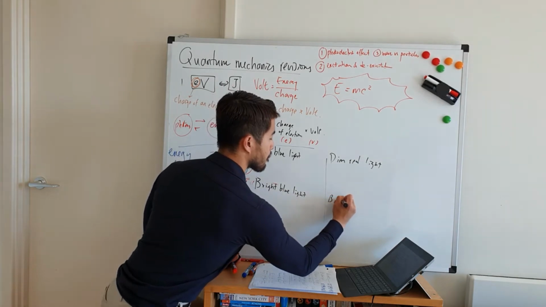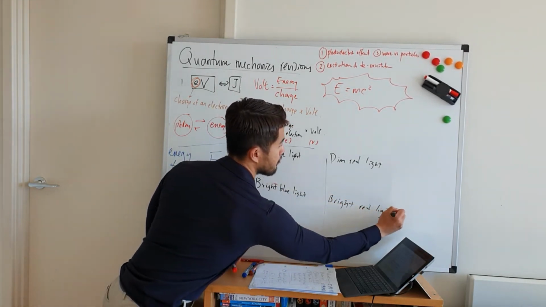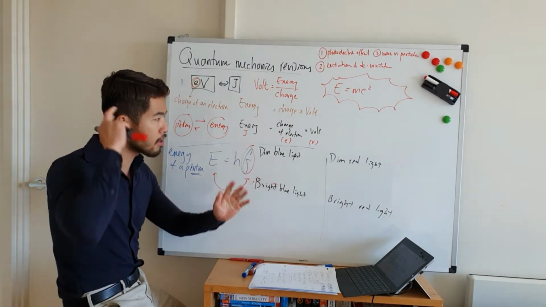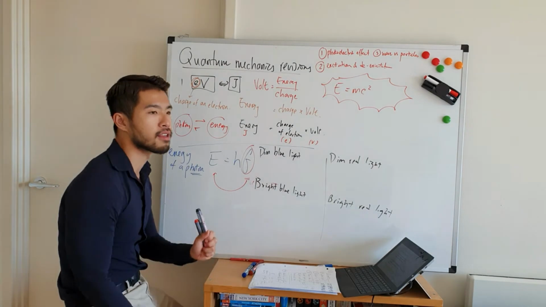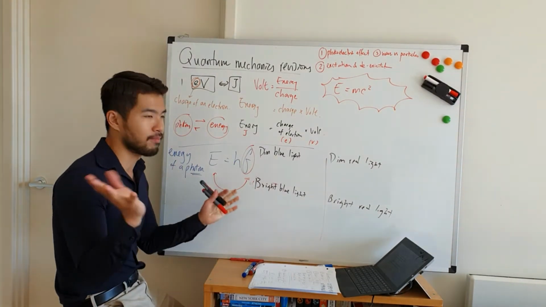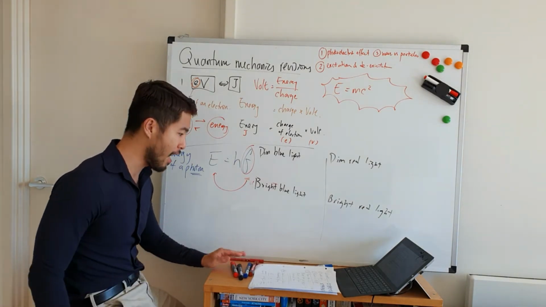And bright red light. So, when we are talking about these things, you can visualize it, like just turning a blue light bulb higher and higher.